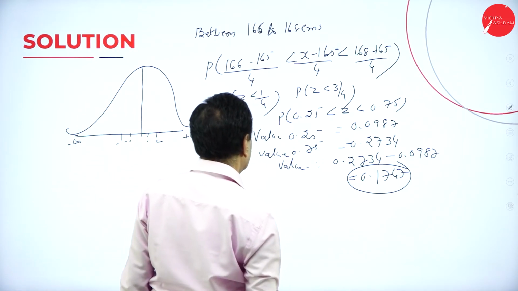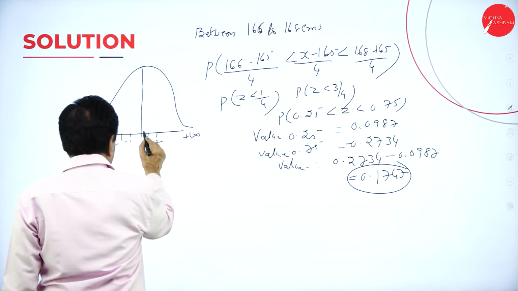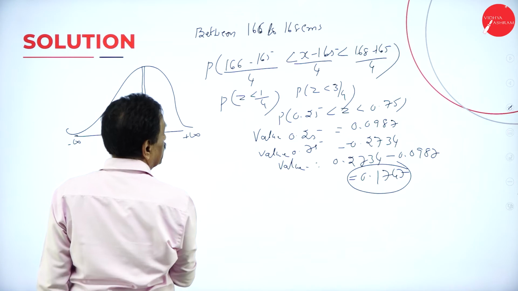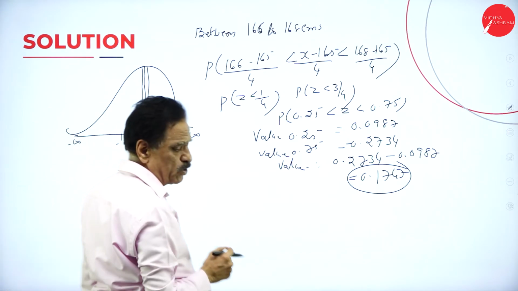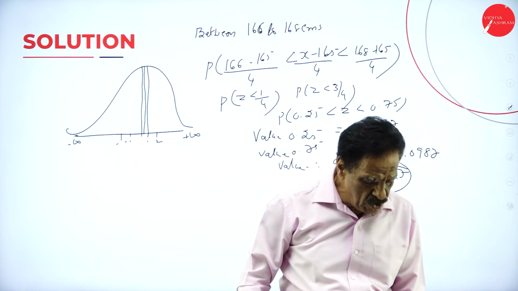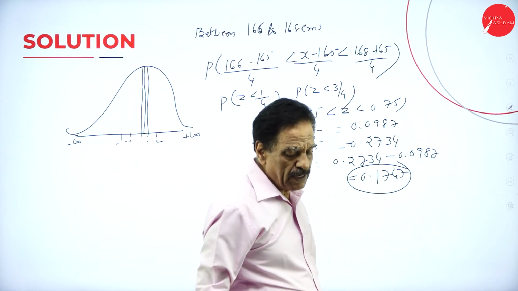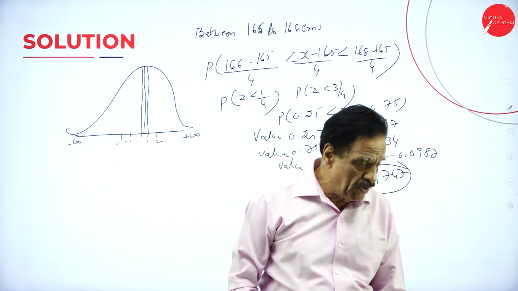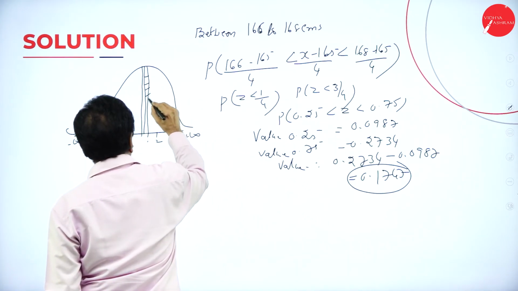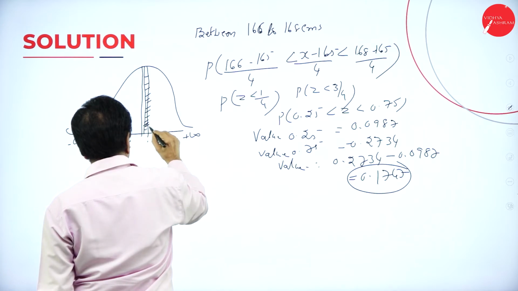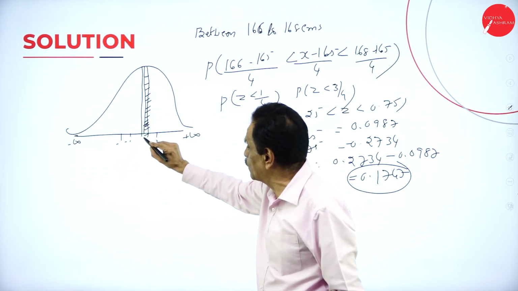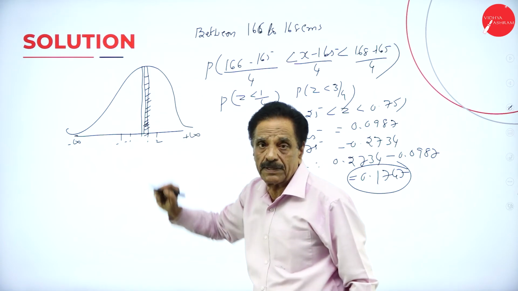What are the values? 0.25 and 0.75. These are the values you got. In a graph sheet, you have to mark 0.25 and 0.75 like this.